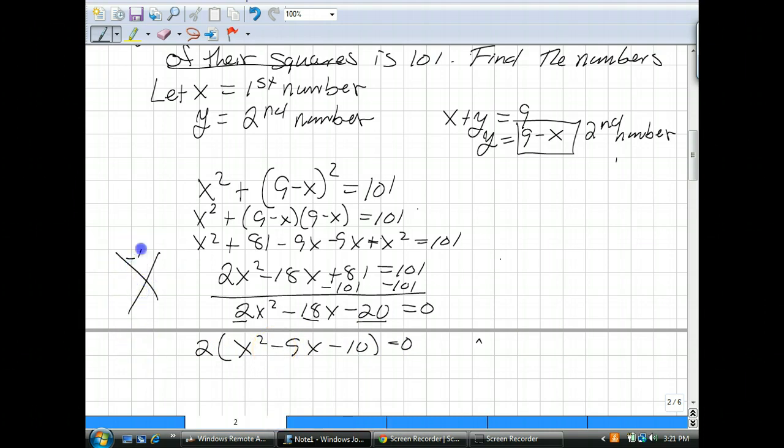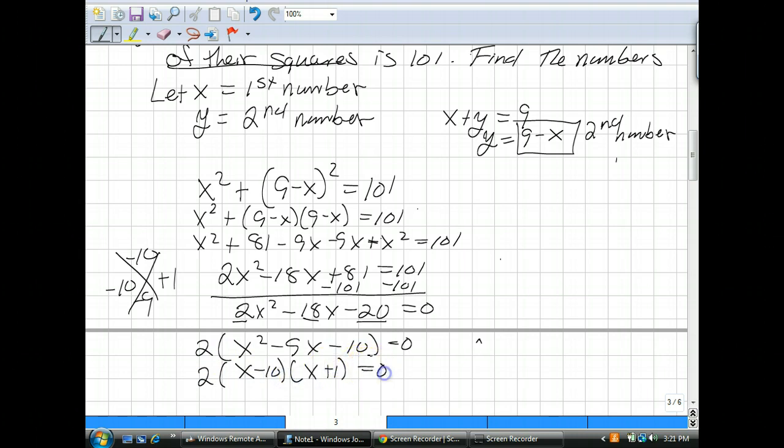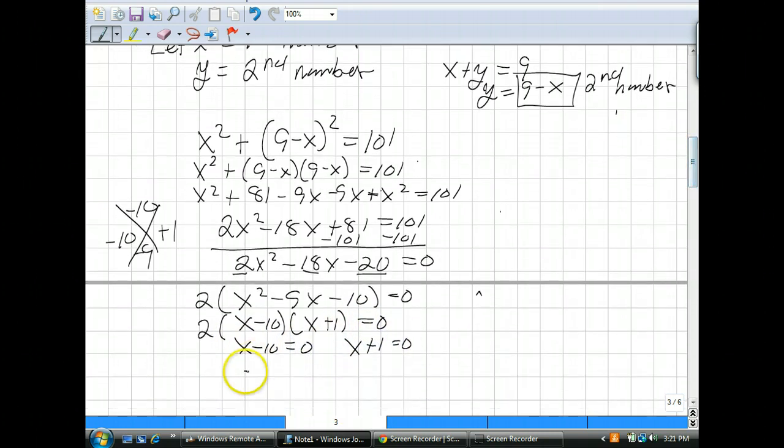So what times what is negative 10 and adds up to negative 9? It's going to be negative 10 and positive 1. Set each factor equal to 0. So I get x equals 10, or x equals negative 1.